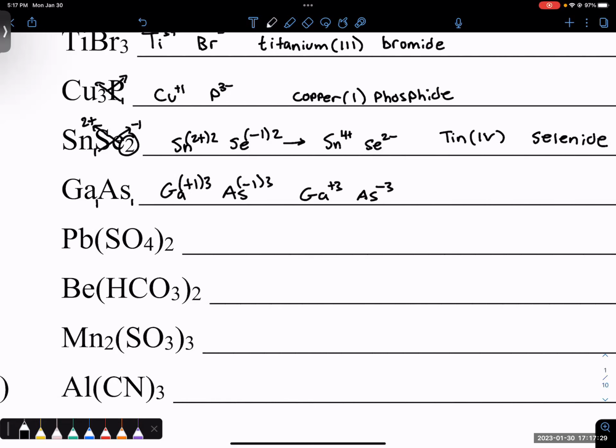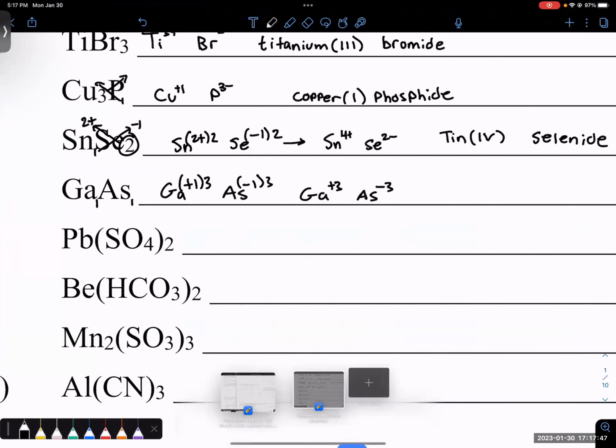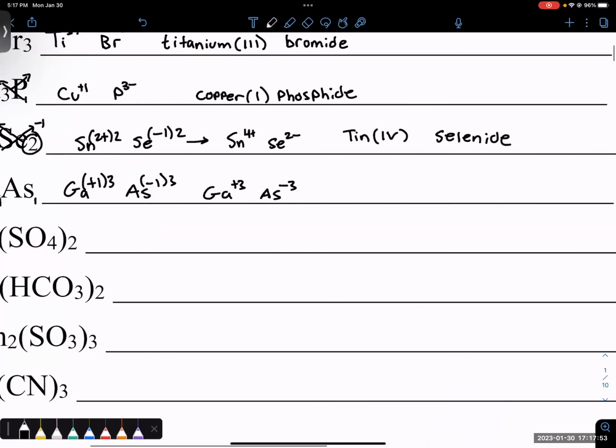And where's gallium on the periodic table? Well, gallium is right here, right 2 underneath boron. If it's not a transition metal and it's not lead or tin, does it need a Roman numeral? No, right? So this would just be gallium.